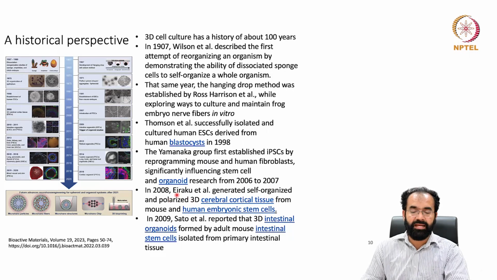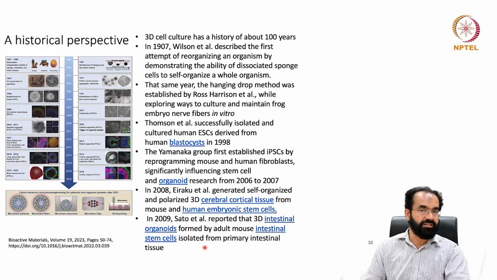In 2008, Eiraku and colleagues generated self-organized and polarized 3D cerebral cortical tissue from mouse and human embryonic stem cells. That was a breakthrough experiment. In 2009, Sato et al. reported that 3D intestinal organoids formed from adult mouse intestinal stem cells isolated from primary intestinal tissue. So, a lot of research is going on. A few of them are listed here.